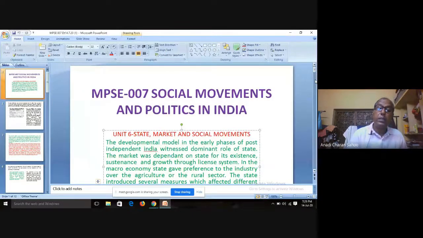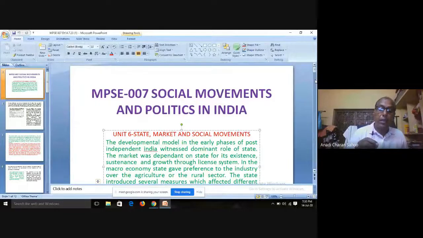And there was a mixed economy system, mixed economy policy adopted by the new government after India achieved independence in the year 1947.